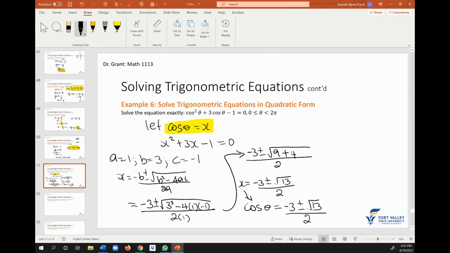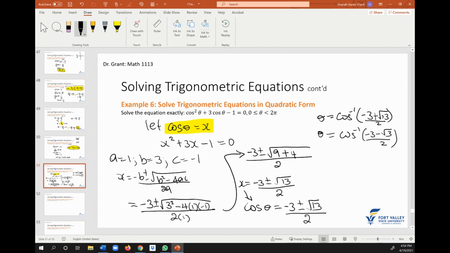Okay, so then, of course, this means we have to solve for theta. To solve for theta, we will plug in. So theta is going to be cosine inverse of -3 plus root 13 over 2, or -3 minus root 13 over 2.